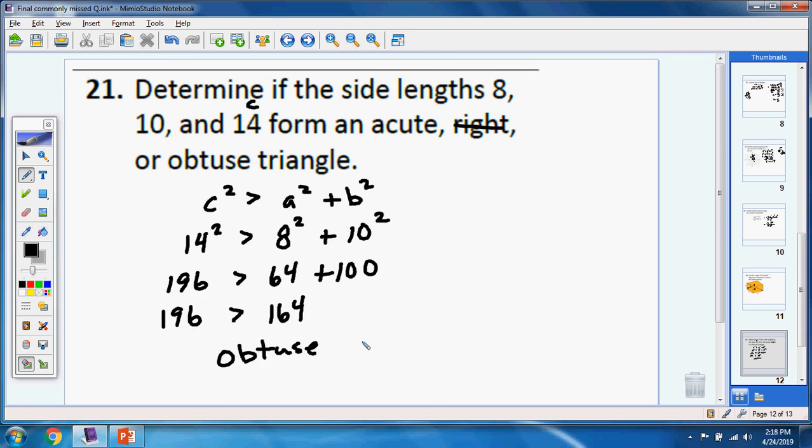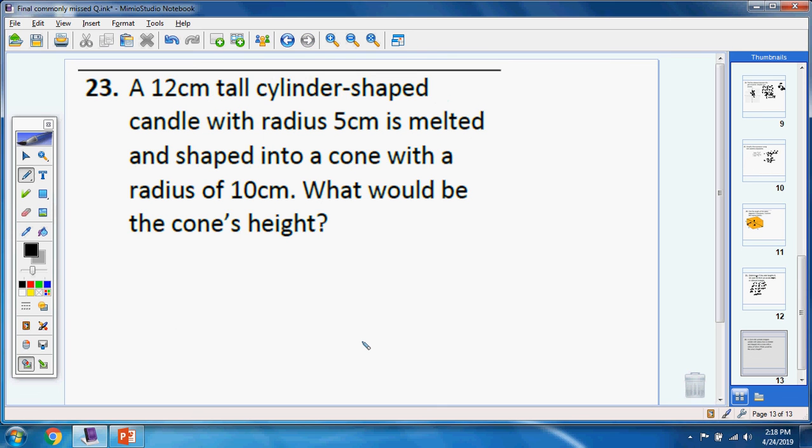All right, last one. We did this one recently, just the other day, actually on Monday. Let's see, a 12 centimeter tall cylinder shaped cone. So we have pi r squared h is equal to a cone, pi r squared h divided by 3.